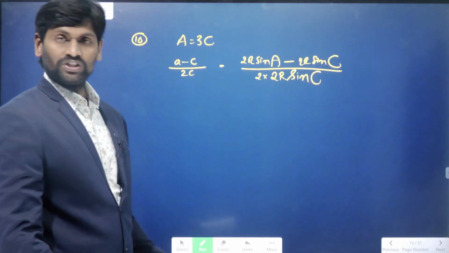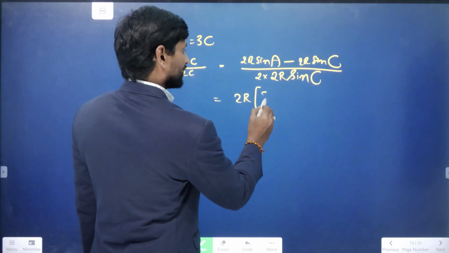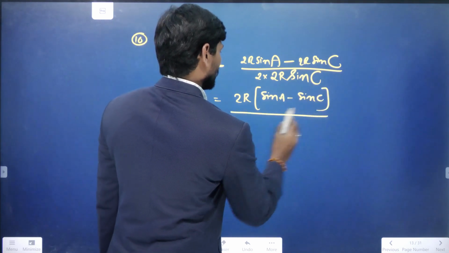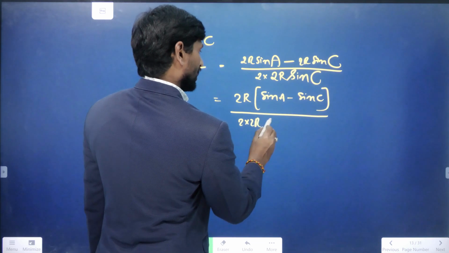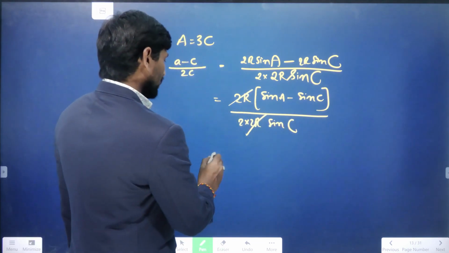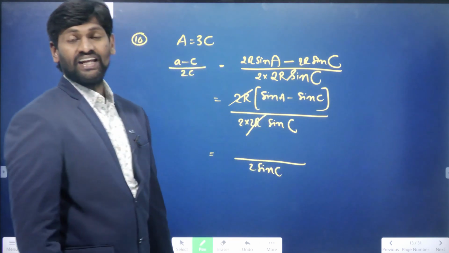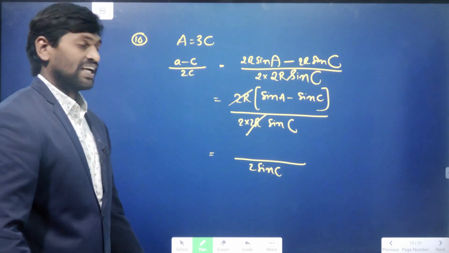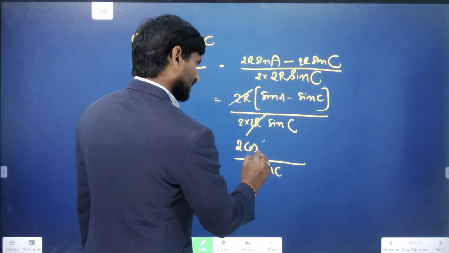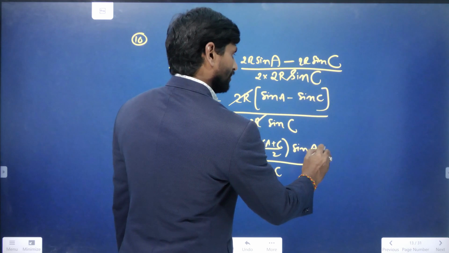A minus C by 2C. Okay? So I am taking 2R is a common from the numerator. It will be 2R into sine A minus sine C by 2 into 2R into sine C. So 2R cancel. Now denominator 2 is remaining, that is 2 sine C and sine A minus sine C. Transformation formula: sine minus sine is nothing but 2 cos sine. 2 cos A plus C by 2 sine A minus C by 2.